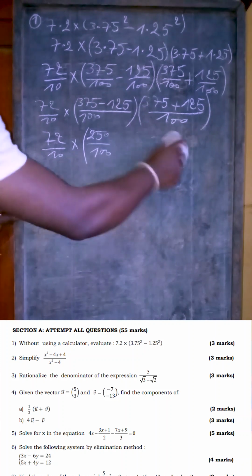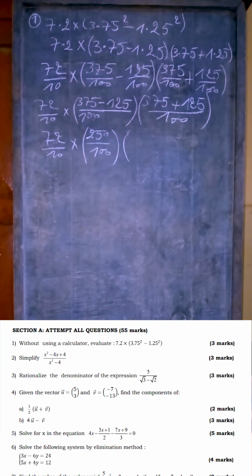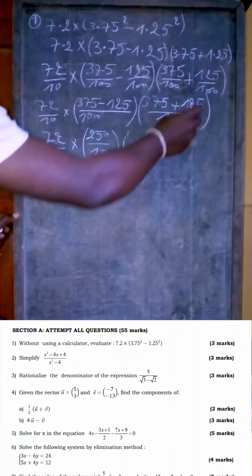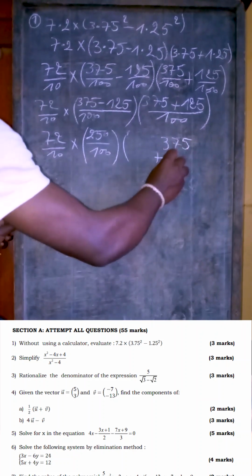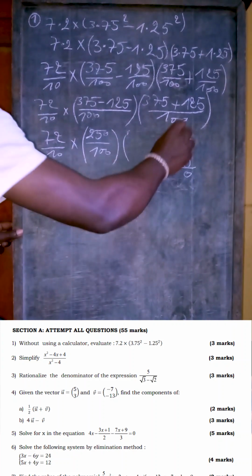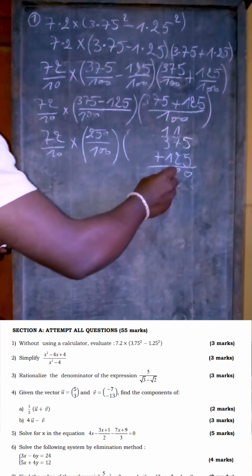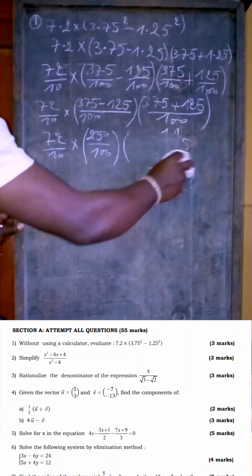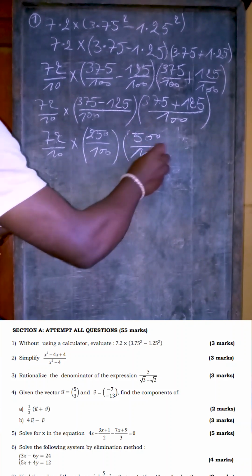Let me clean this. Times, by taking this number summed up to this, it will be 375 plus 125: 5 plus 5 puts 0 and carries 1, and so on, giving 500 over 100.